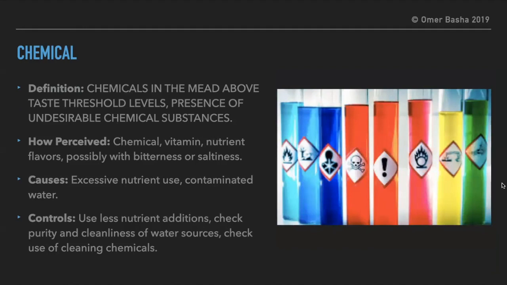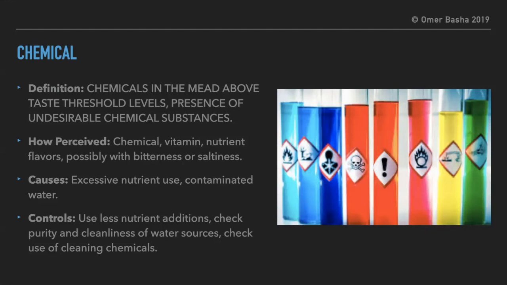And the next off flavor we can have in a mead is chemical off flavor. This is defined as the presence of chemicals above a taste threshold. It's perceived as a chemical like vitamins, nutrient flavors, possibly with some bitterness or saltiness.